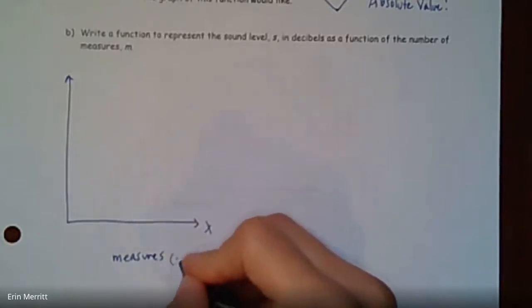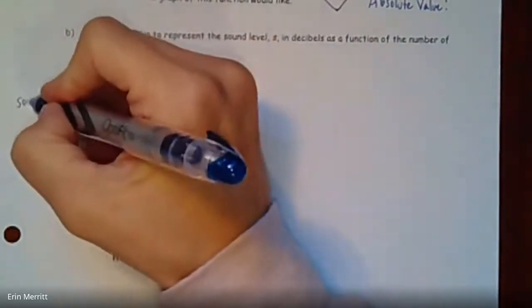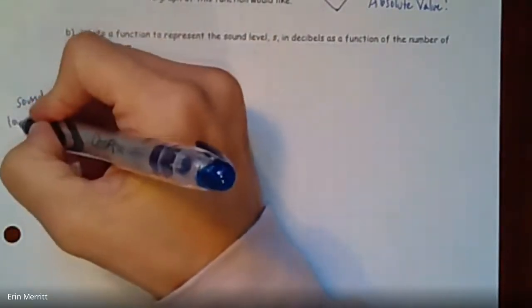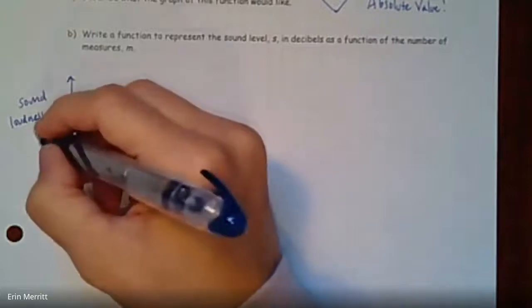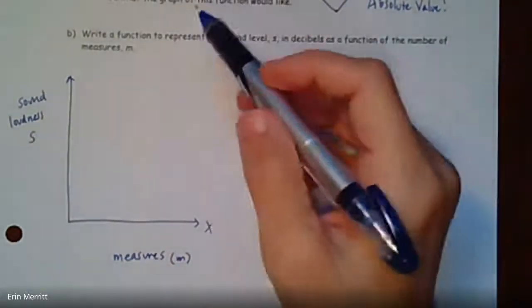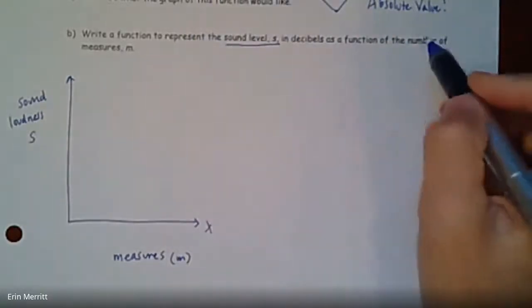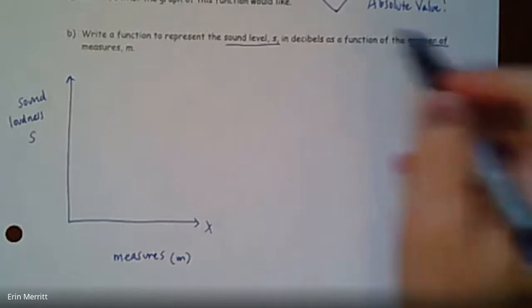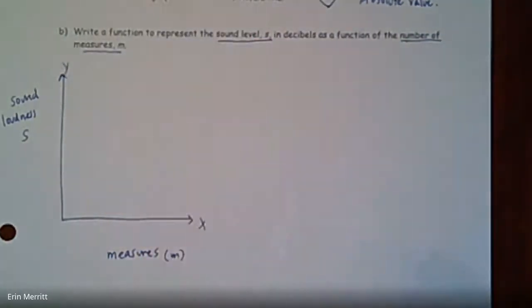And then over here, the sound, or the loudness, however you want to think of it, that's going to be our S. The reason I use S and M here is because it says use the sound level S to represent that, and use the number of measures M over here. So can you still label it X and Y? Yep, of course you can.